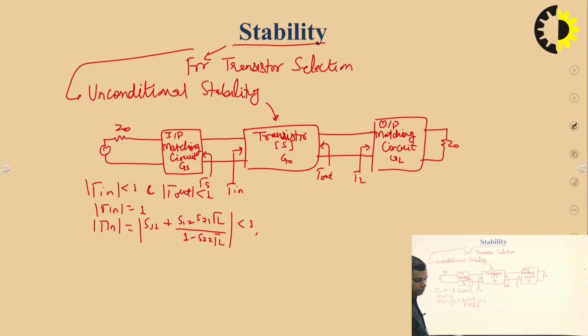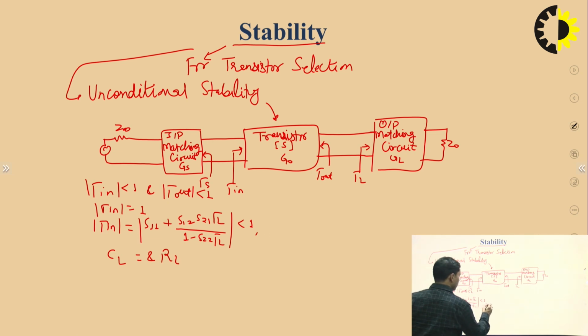So rho in equals 1 when we apply this condition, and we get the equation of a circle. When we solve this condition, the equation of the circle we will get gives us the value of CL and RL.